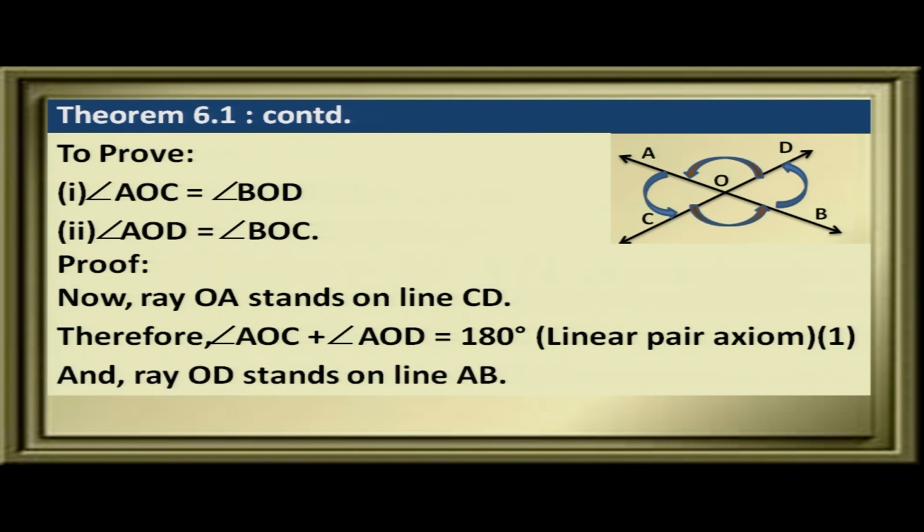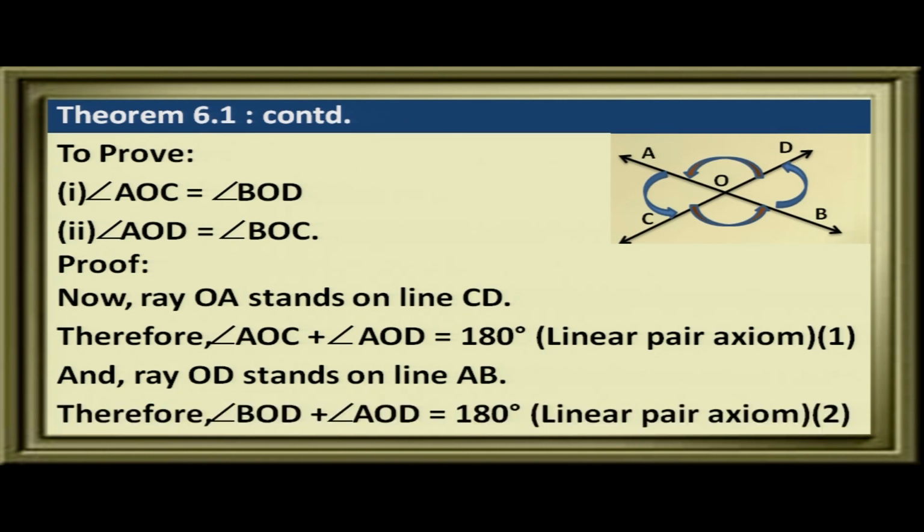And ray OD lies on the straight line AB. So, angles formed are angle AOD and BOD. So, the sum of these two adjacent angles is 180 degree, again by the same linear pair axiom.